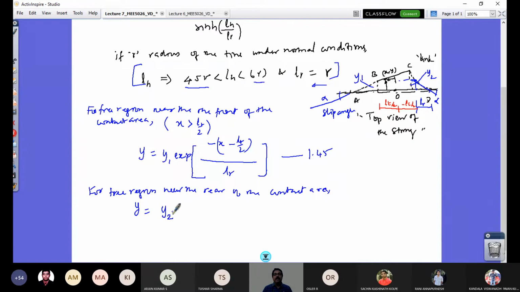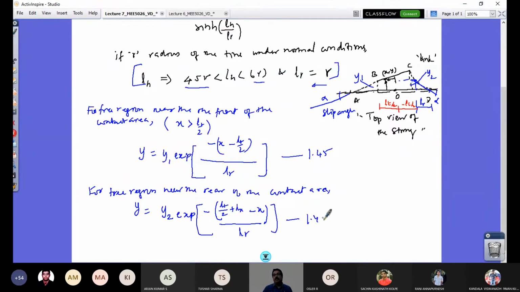So what is the value of this? Y2 will become exponential power minus. I have to come to this point, from here, LT by 2 plus LH. So let me write that as LT by 2 plus LH minus x, divided by LR.